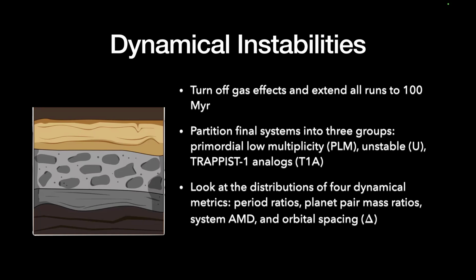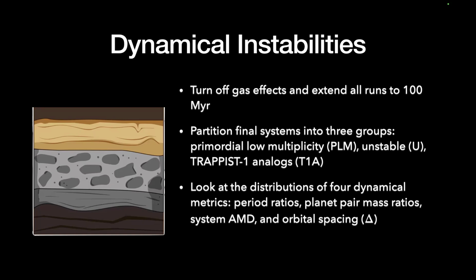So after we partition our simulations into each of those three groups, we look at the distributions of 4 dynamical metrics that are commonly used when we talk about the stability of planetary systems. We look at the period ratio distributions.